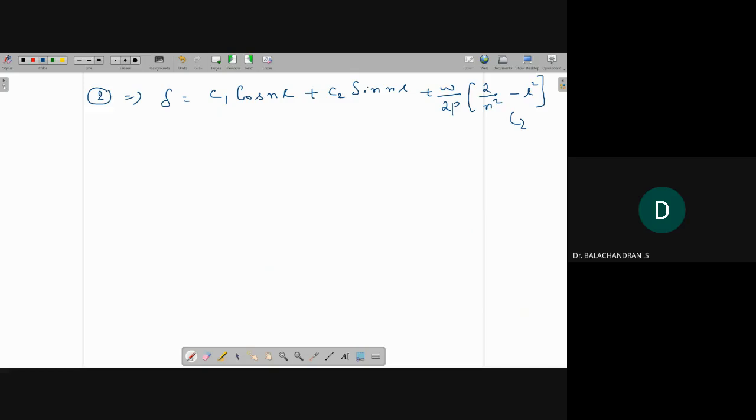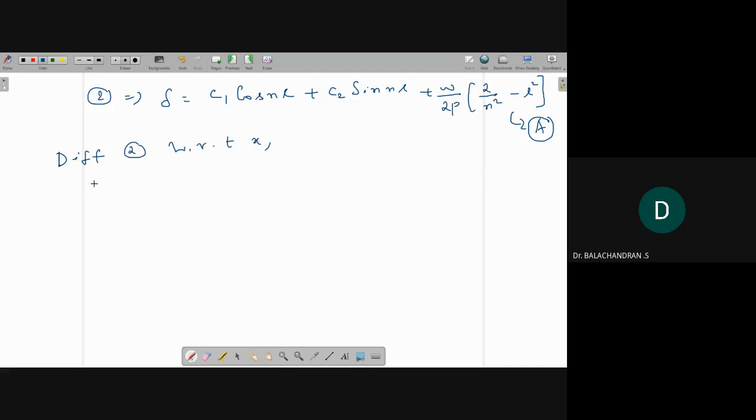I call this equation A. Now differentiate equation 2 with respect to x.